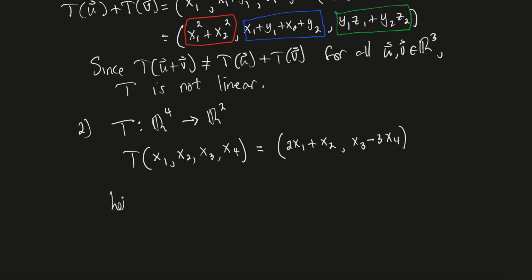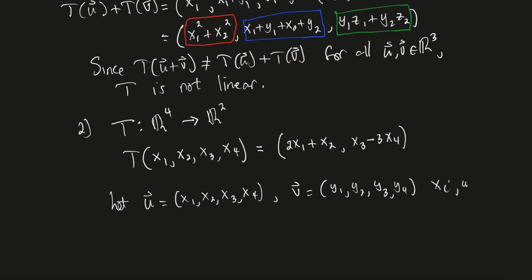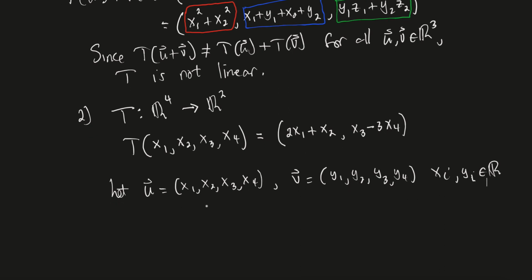So I'm going to say let u be my first vector, x1, x2, x3, x4, and then I'm going to take v to be, I'll just change those x's to y's, right? So y1, y2, y3, y4, with the understanding that each x and each y is a constant, right? So we have numbers in our components, all right?